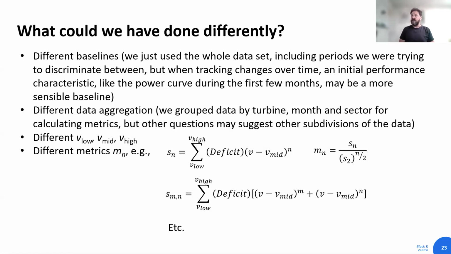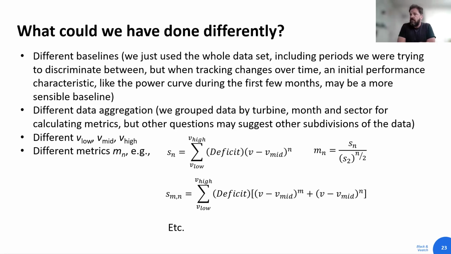That seems to be a little bit indiscriminate. It might make more sense when tracking changes over time to choose just the very early period of the interval of time under consideration as the baseline and use that. That might be a more sensible baseline to use.